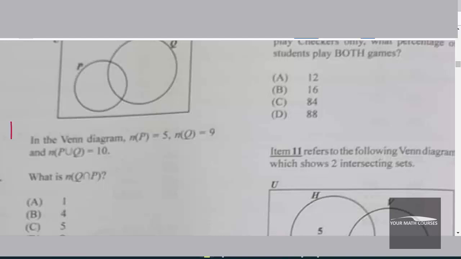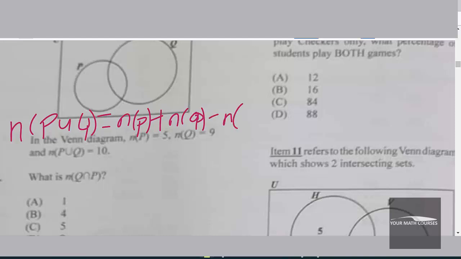So we are going to use that formula. Number of P union Q is equal to number of P plus number of Q minus their intersection, P intersection Q. So do we know some of them?